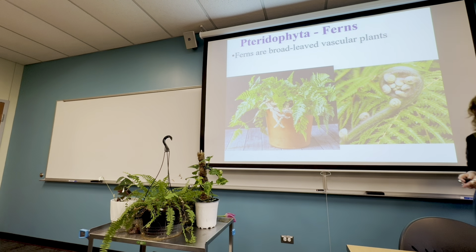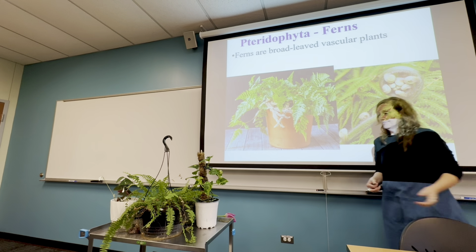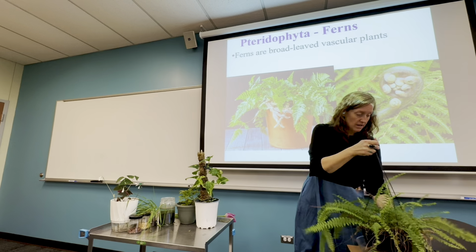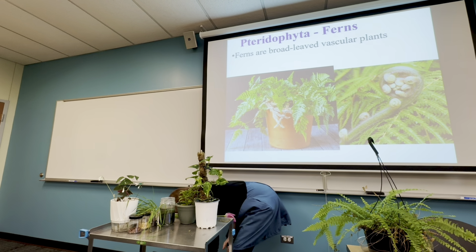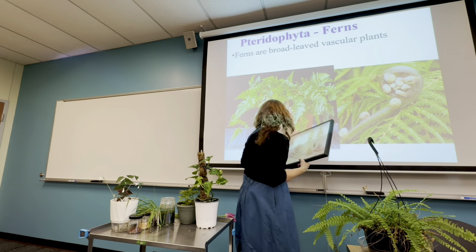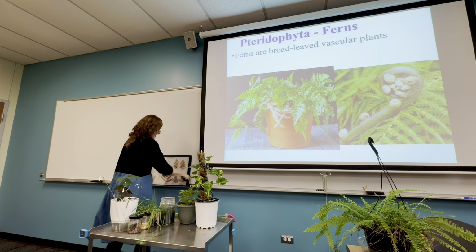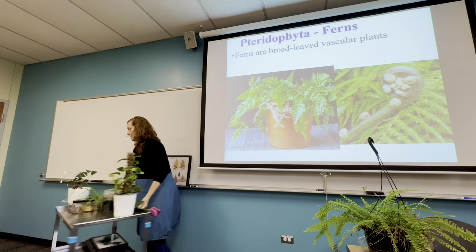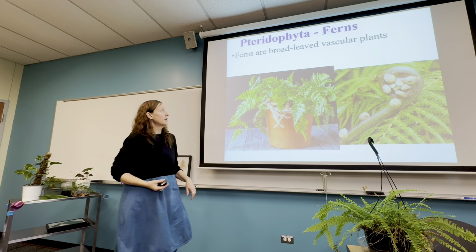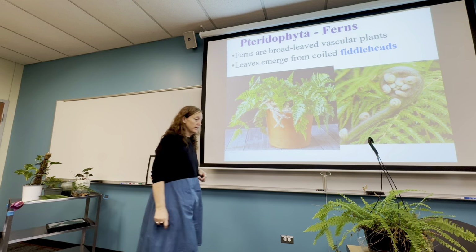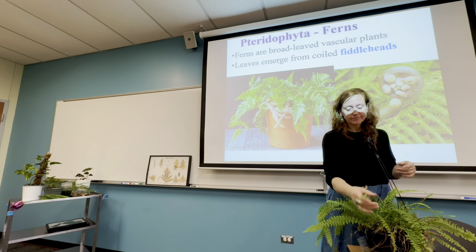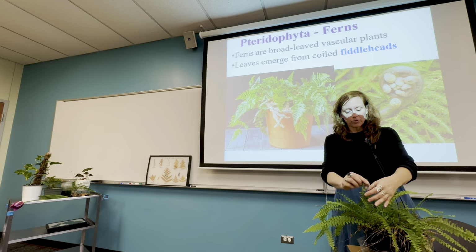Pteridophyta are the ferns. So here I've got a fern. Ferns have a number of unique characteristics. Some of the characteristics that make ferns obvious are that when their leaves grow, they start out rolled up.